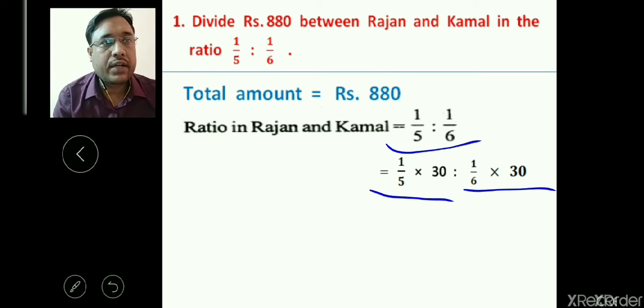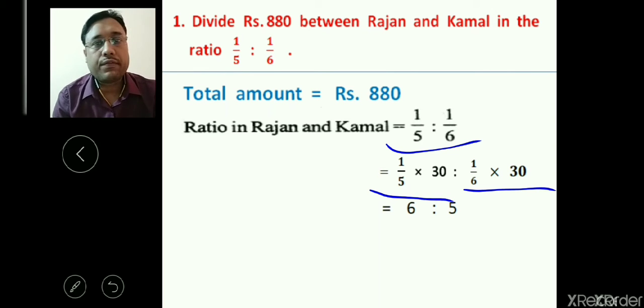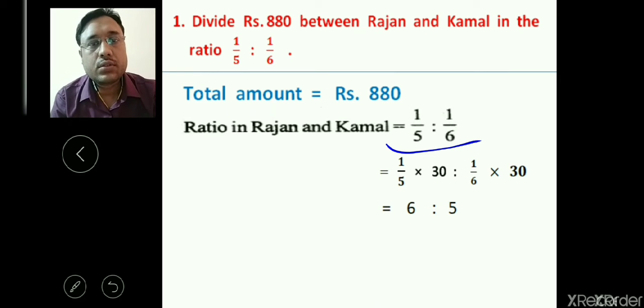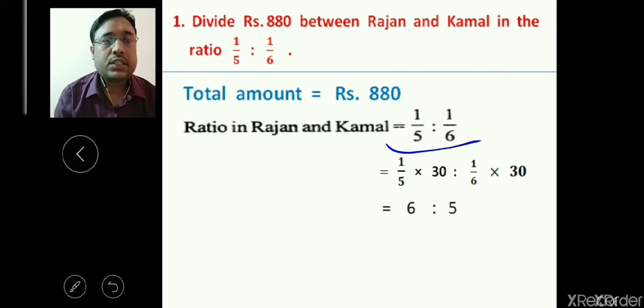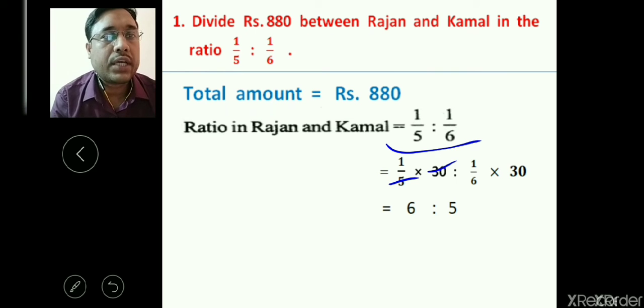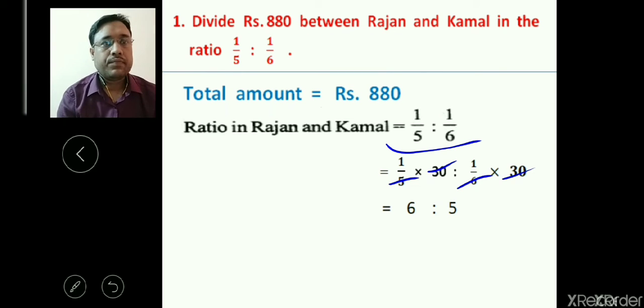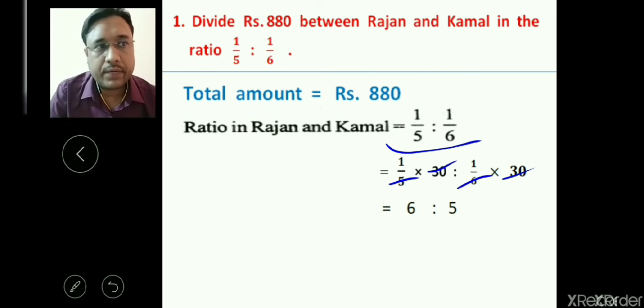Then you get 6 is to 5, because 5 into 6 times 30, and 6 into 5 times 30. So 6 is to 5 is the ratio between Rajan and Kamal to divide this amount 880.